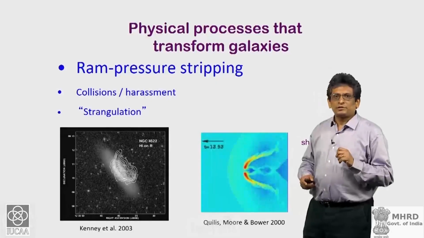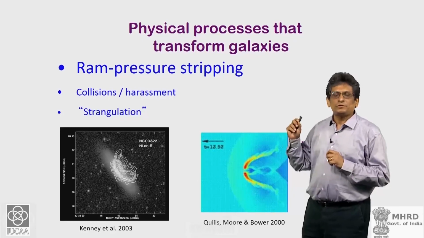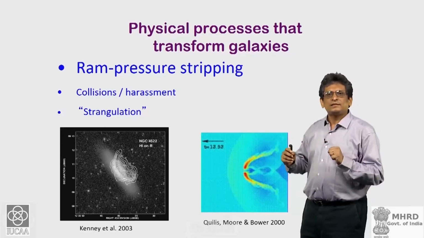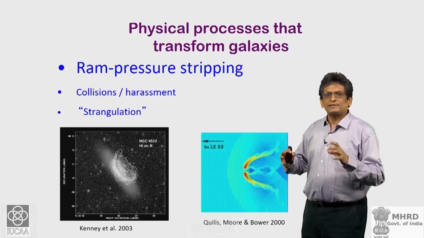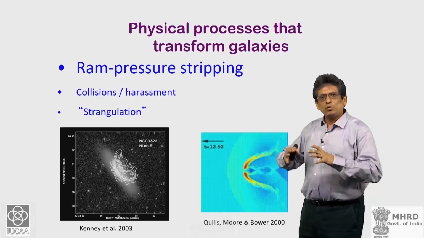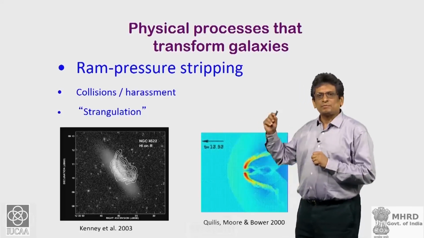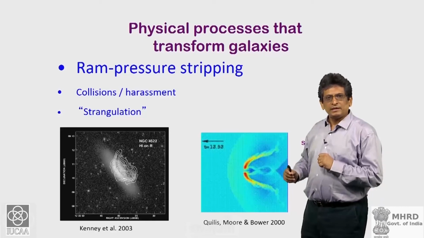Let us look at ram pressure stripping. This is what happens when a galaxy moves through a medium which is gaseous. This might be in a group or a cluster in which the gas is in between the galaxies, and a galaxy, as it moves in the dark matter potential of the cluster, also moves through this medium.